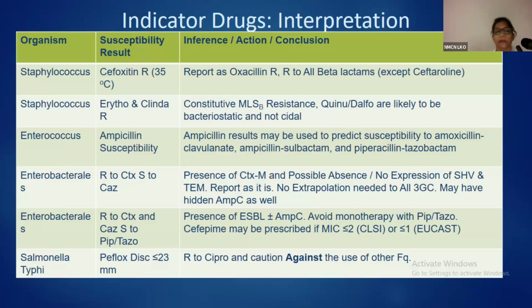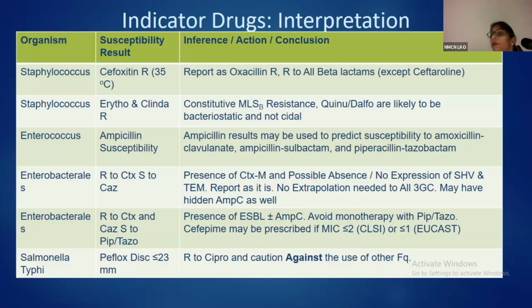For Enterobacteriaceae, if resistance is shown to cefotaxime but not to ceftazidime, see both are 3rd generation cephalosporins, and resistance to cefotaxime is there, but the isolate is sensitive to ceftazidime. It is a kind of ESBL only, but it is CTX-M type of ESBL. Okay.